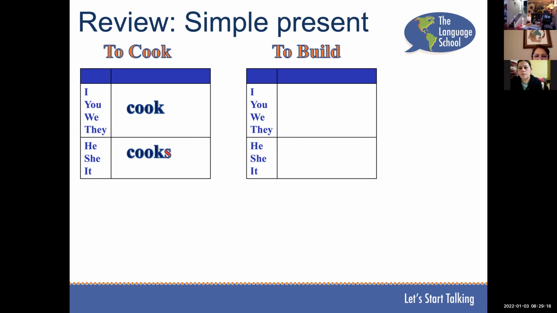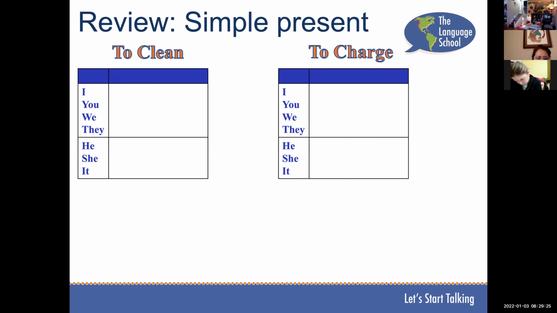He builds, she builds, it builds. All right, good. Claudia. I clean, you clean, we clean, they clean. He cleans, she cleans, it cleans. Good. Caro. I charge it, you charge it, we charge it, they charge it. Eso se pronuncia, Caro. Charge.